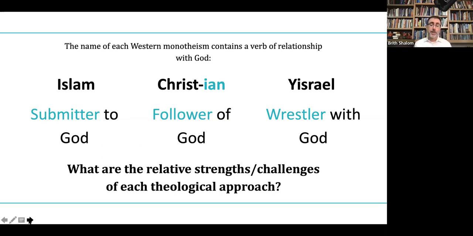Christianity becomes a follower of God. And in Judaism, and B'nai Yisrael, we are wrestlers with God. And so there are strengths and weaknesses, and they call it strengths and challenges, right, with each of these goals. So let's go through it a little bit.